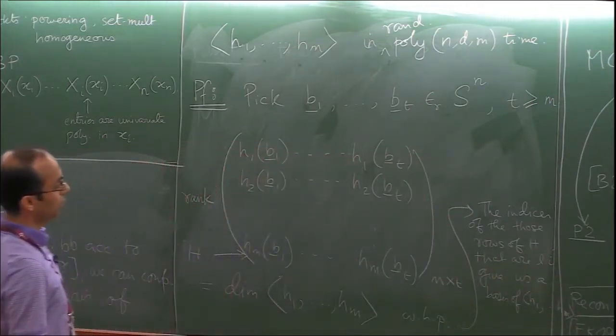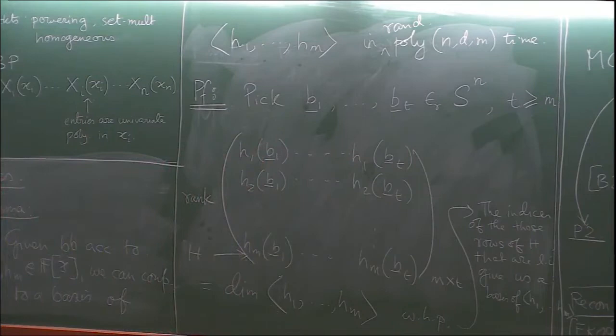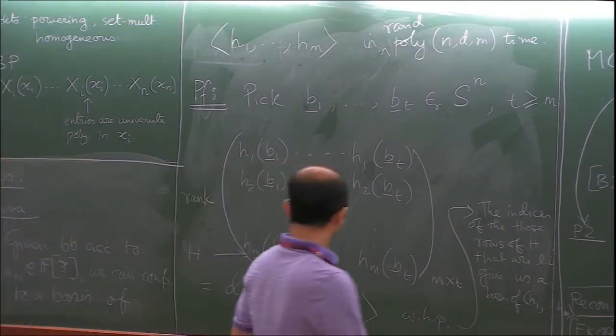It will tell you which h's are linearly independent, and because you already have black box access to those, you get black box access to a basis of this. Okay, good.